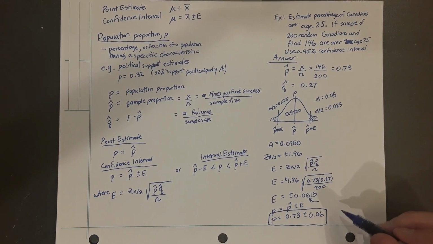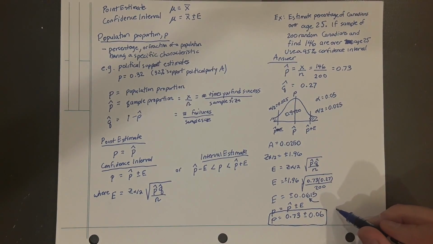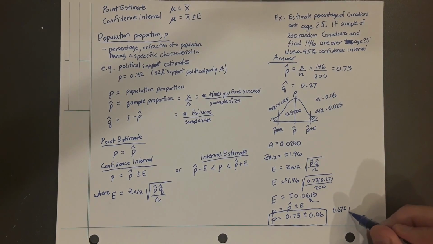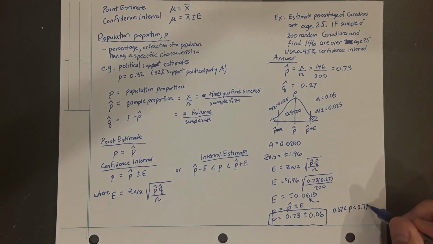Or if you wanted to do this with an interval estimate, then the true population proportion would lie anywhere from 67% up to 79%.